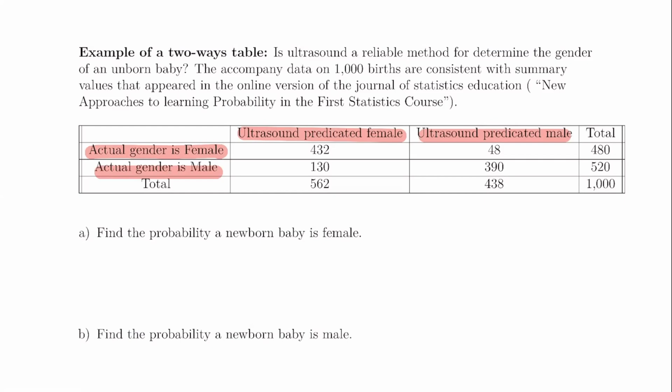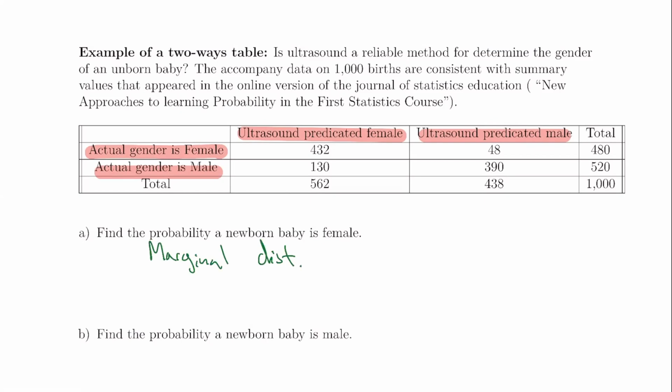If you look at the problem, they just want to know what is the likelihood that the baby is female. So for this one, it's actually not a conditional distribution. This is a marginal distribution. Nowhere in the problem for part A does it say anything about a prediction.